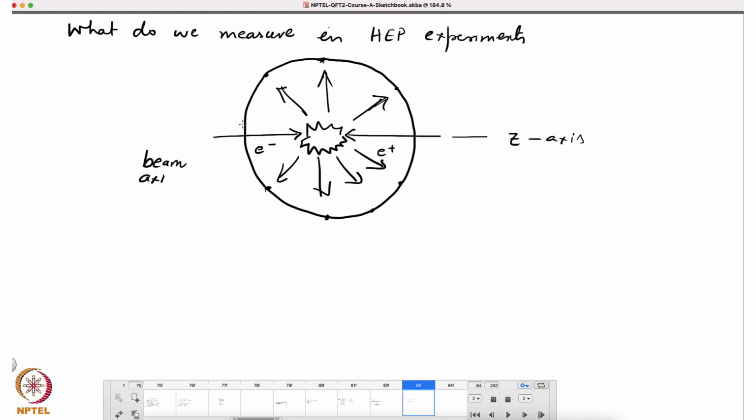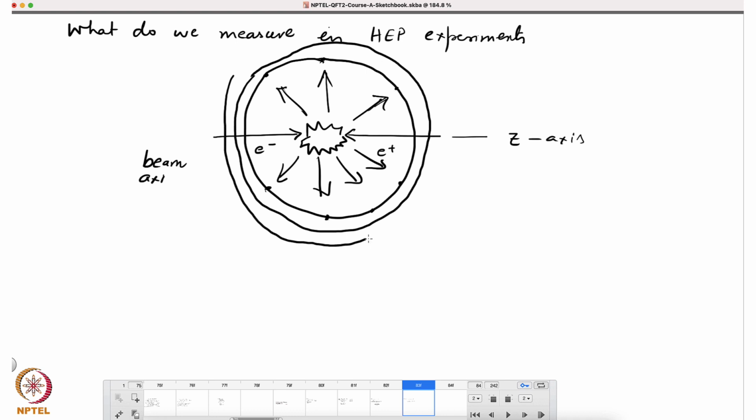Okay, and also you would usually have many layers of detectors, because some particles will get detected at the first layer, and maybe the first layer of detectors is not going to detect another set of particles. So, you will have another layer, and maybe more, okay, depending on what all particles you want to detect.